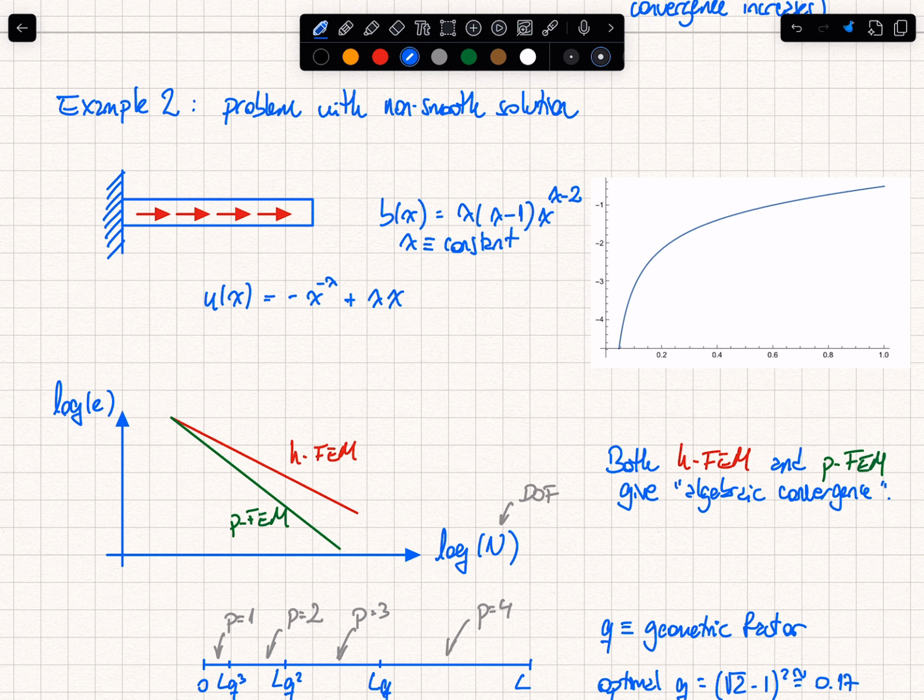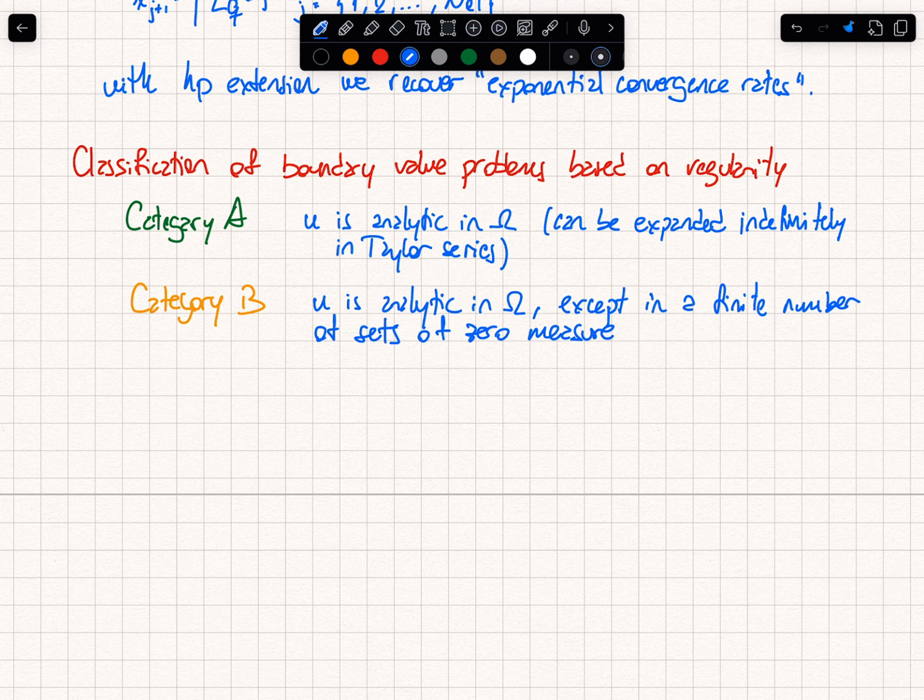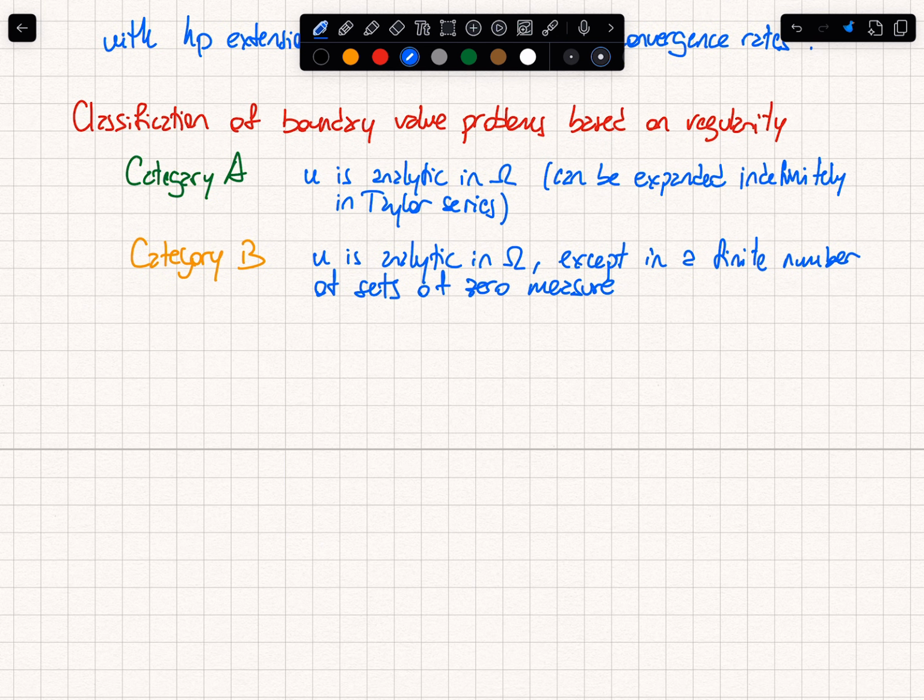As long as you have these singularities happening at sets of zero measure, then the problems can be classified in this category B. And then finally are the nasty ones. Category C, and this is basically U is not in A nor B. Those are the ugly ones.